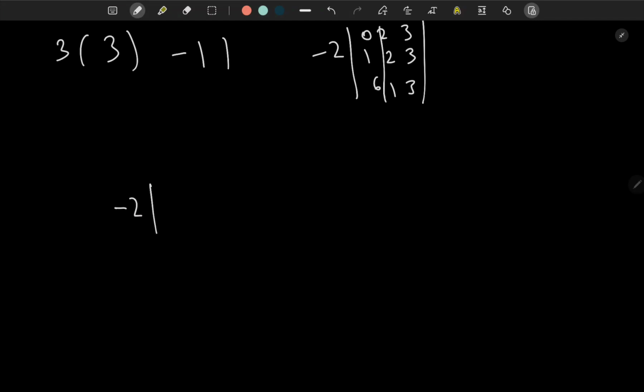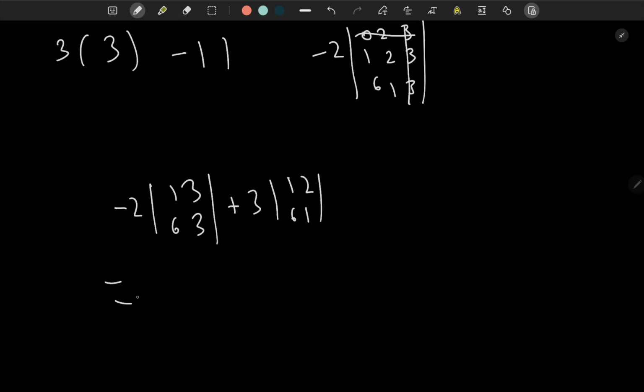Let's cross out the second row and the first column, and we are left with 1 3 6 3, and the last coefficient is going to be 3. And now we cancel out the third row. We are left with 1 2 6 1, and just simplify this and you will get the answer of -3 here.